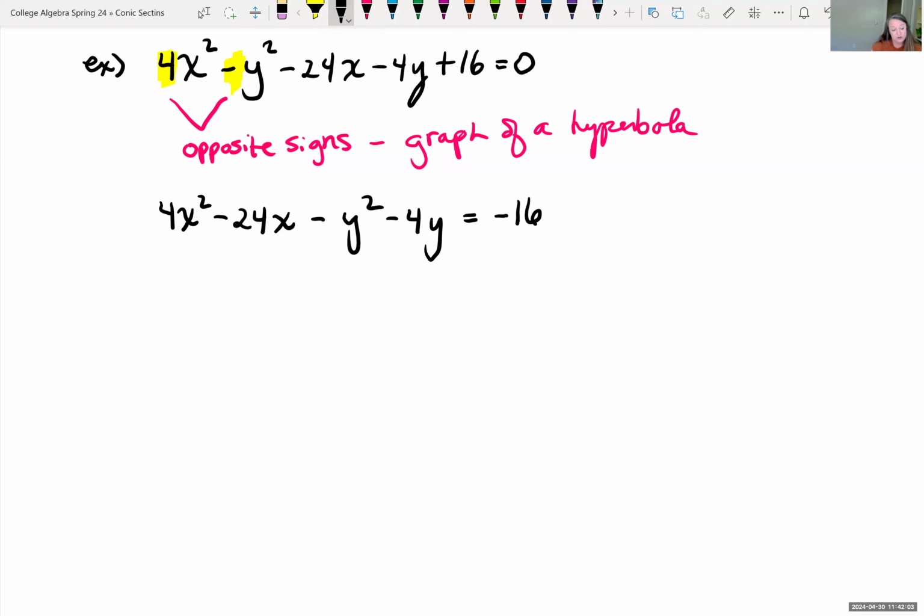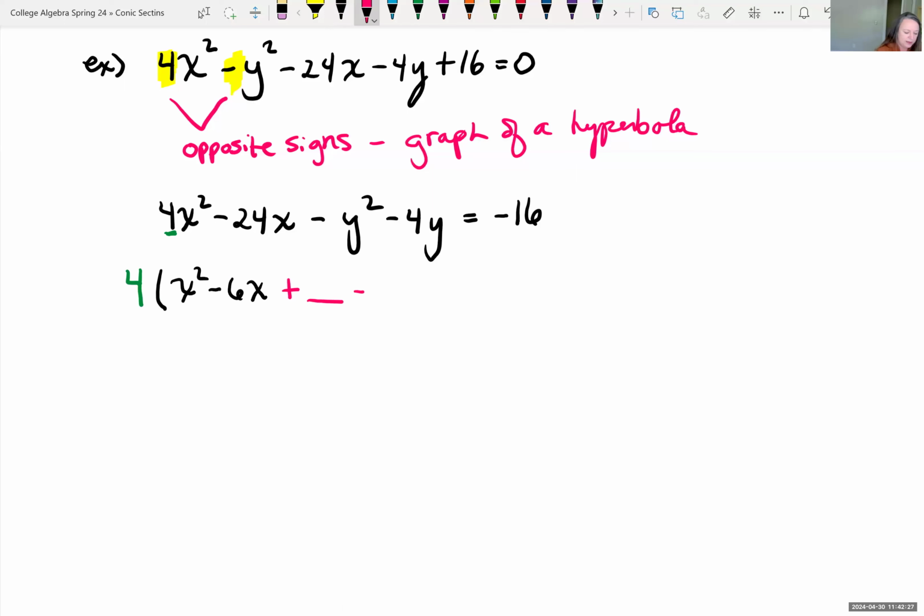Neither my x terms or y terms are ready to complete the square because those coefficients in front are not +1. So let's make it that way by just factoring the 4 out of the x terms. So if I pull the 4 out of the x terms, I would be left with x squared minus 6x. I'm going to want to add something in here to make that a perfect square.